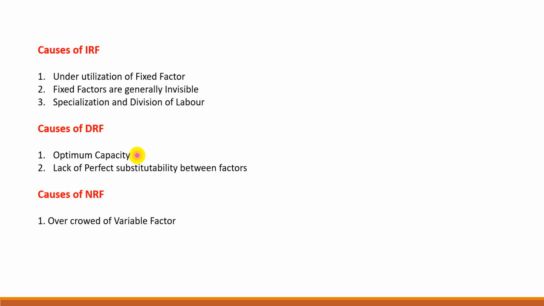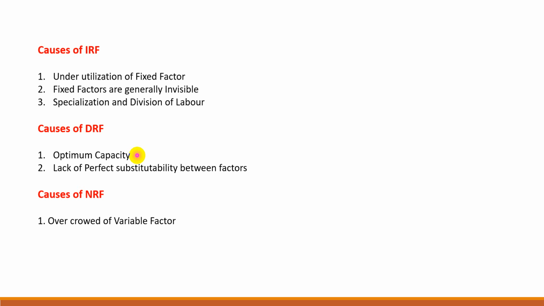It is because the fixed factor now becomes inadequate relative to the quantity of the variable factor. After a certain level, that is the optimum level, the variable factor can work with the other given inputs, these are the fixed factors, only less effectively.